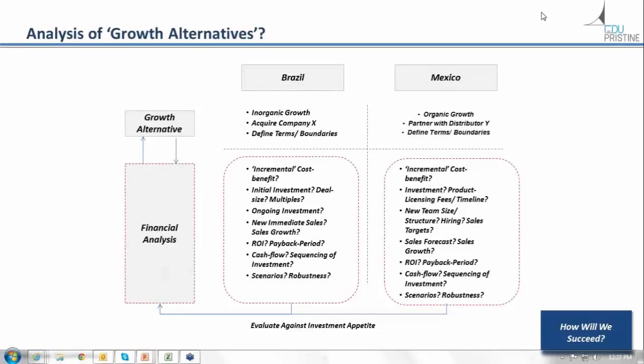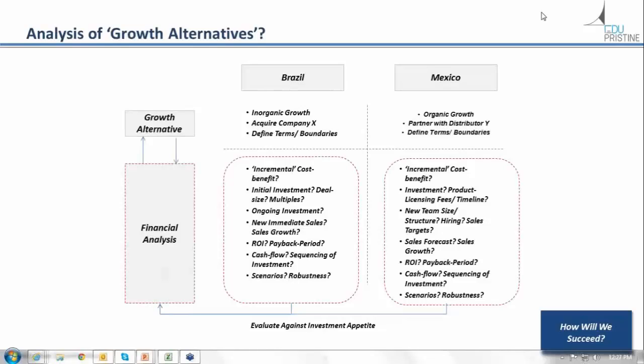On the Brazil side, you're going to talk about, okay, if we acquire this company, how much should we pay for the acquisition? And then how many years will it take for us to actually break even or make the money? What kind of revenue growth can we expect by working together? What is the initial investment going to be? What's the ongoing investment going to be?